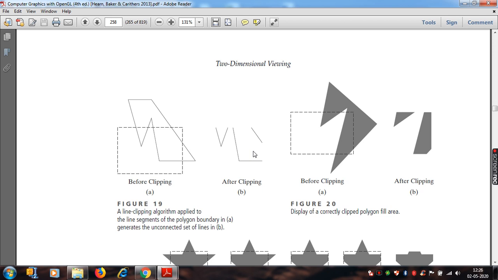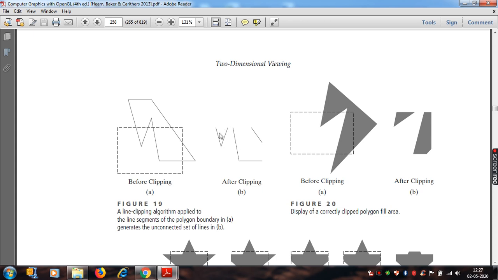But if you see the difference, a polygon has some properties and features. As we discussed, it should be a closed polygon, it should have a well-defined boundary. There are certain properties of a polygon that have to be fulfilled. But if you apply the line clipping algorithm for polygon clipping, the result will not satisfy the criteria of a polygon.